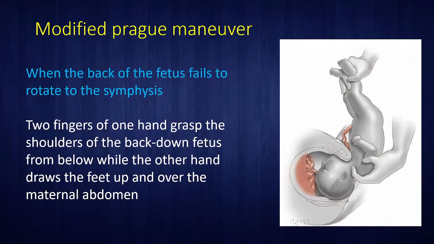In that case you can do it, but if you are observing from the beginning, always try to rotate it so that the back is anterior. Here, you hold the shoulders and gradually elevate so that the head will deliver. Do not try to pull it outright, because the chin will obstruct it.